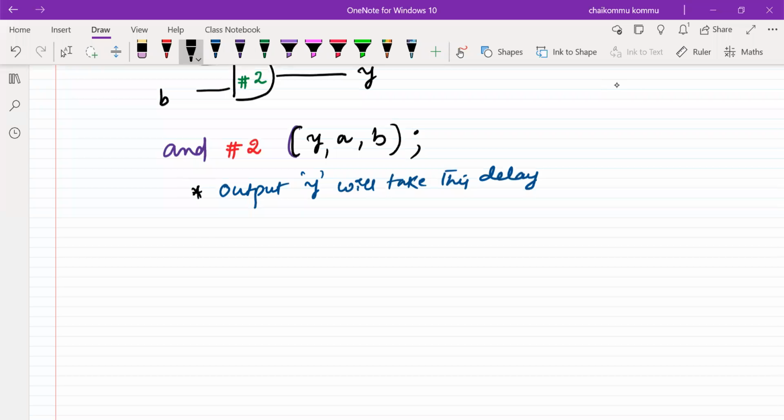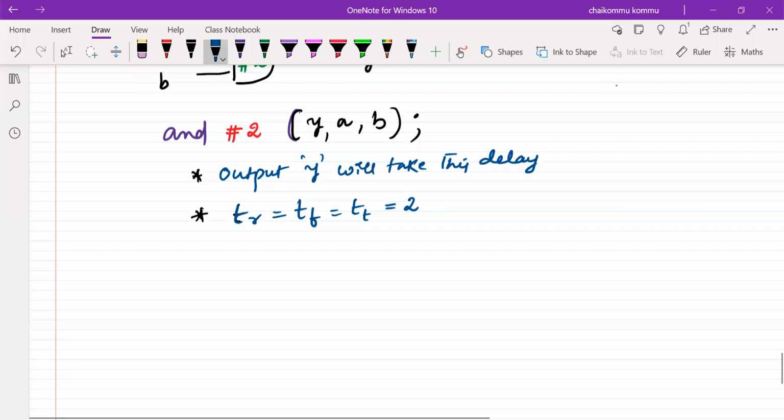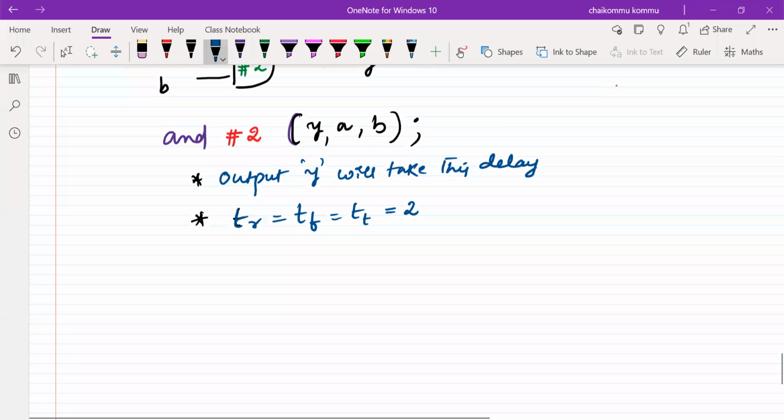The second point is that since we have given only one delay, the rise delay, fall delay, and turn off delay are all equal to 2 timing units. Whether it is nanoseconds, picoseconds, milliseconds or seconds is decided by the timescale directive. I'm not mentioning the timescale directive right now, which is why I'm calling it 2 timing units. So these are the 2 important points you should remember.